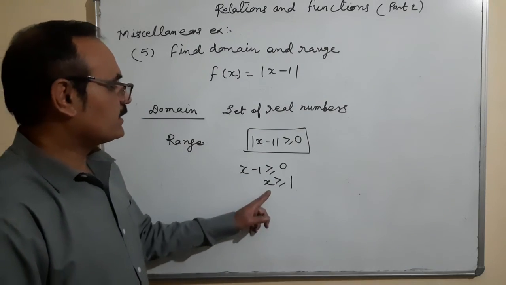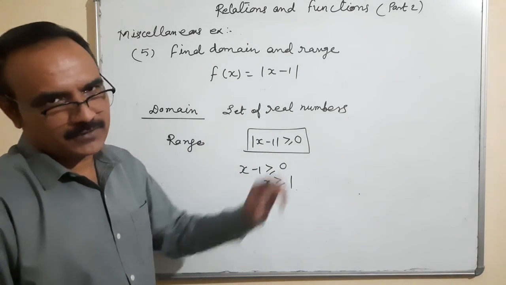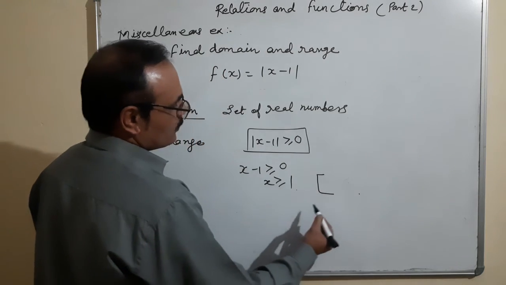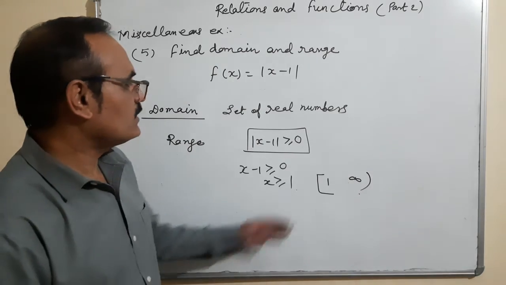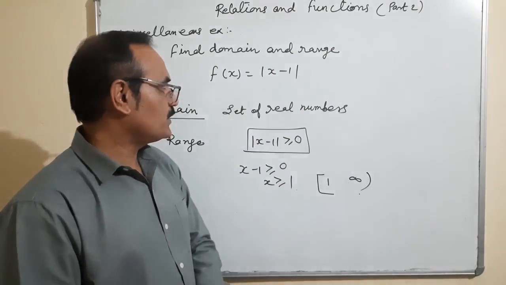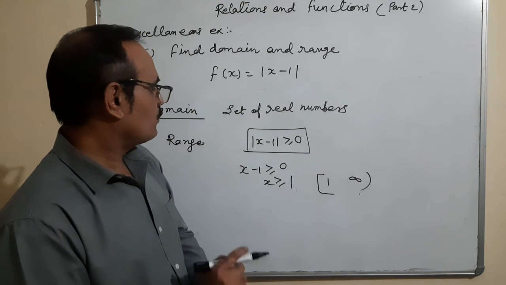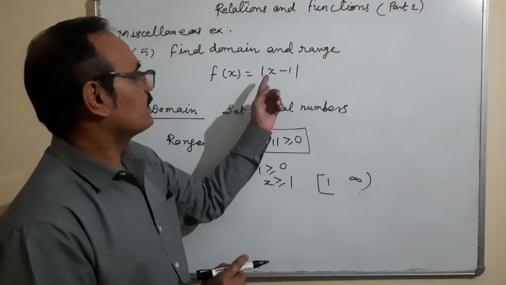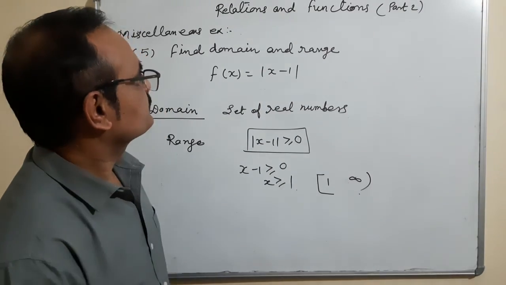The value of x which is equal to 1 or greater than 1 can be obtained from it, no less value. So the range is 1 to infinity. In the range you can obtain any value from 1 to infinity. Any negative value you are unable to get. Even 0, yes or no? If I put x is equal to plus 1, 1 minus 1 is 0. Yes, when you put 1, then you are getting 0.